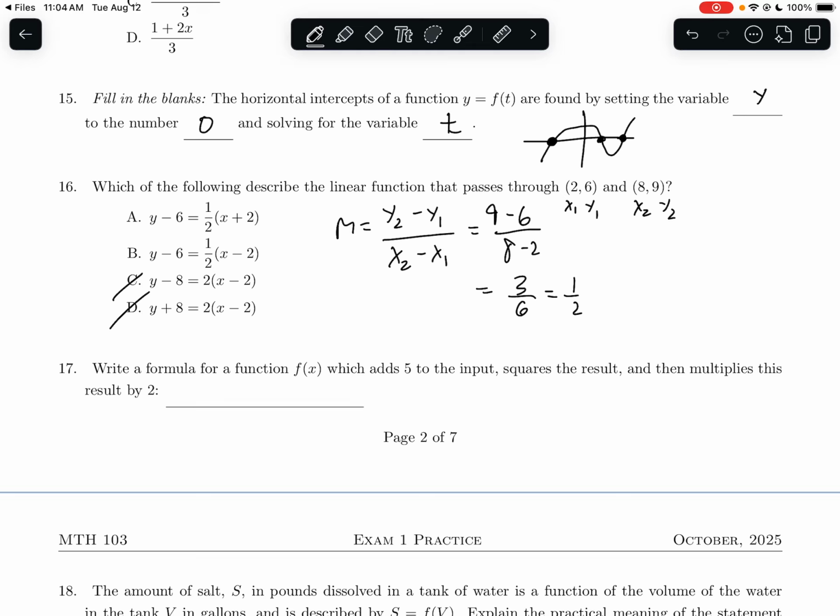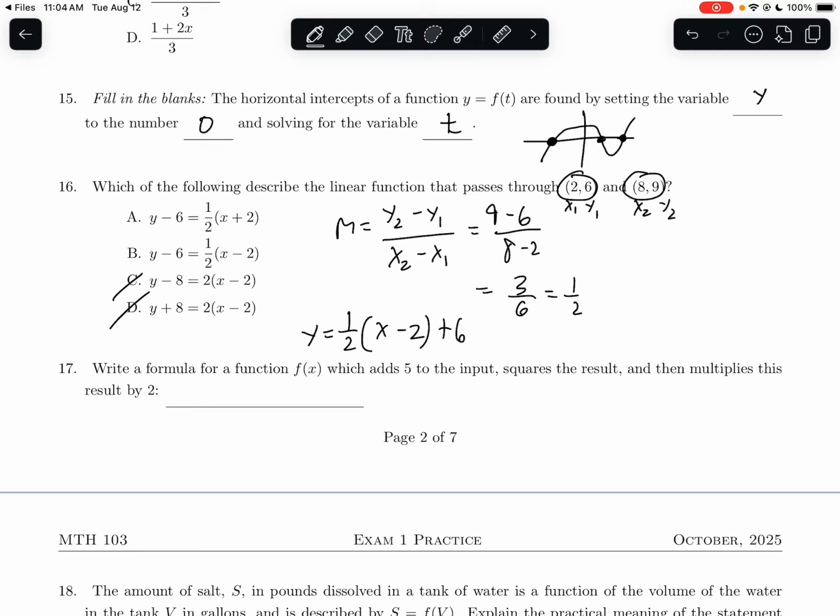So it's not going to be C or D. And now the equation, you could write it this way, depending what you've seen: 1/2 x, and then you can pick a point. You could do either point, but because the options are in terms of 2 and 6, we should do that.